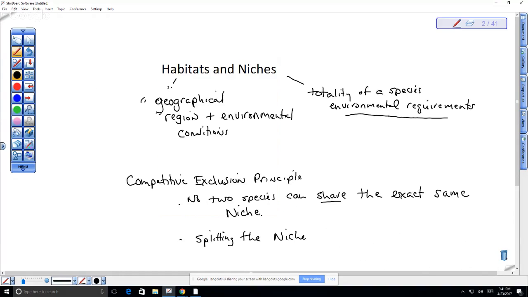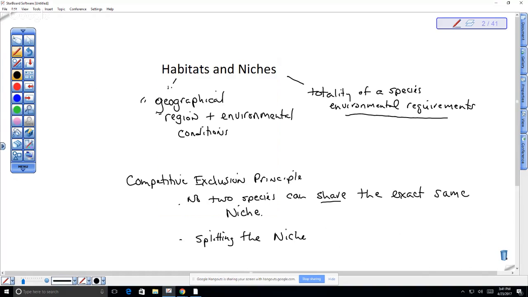We could also look at aerial predators in terms of hawks versus owls. There are many different species in each of those groups, but the hawk hunts during the day, whereas owls hunt during the night. So they've split the niche.